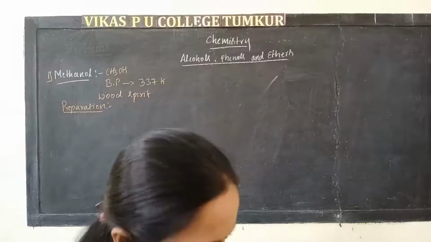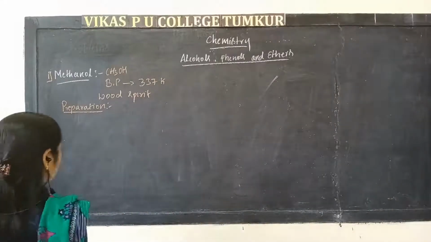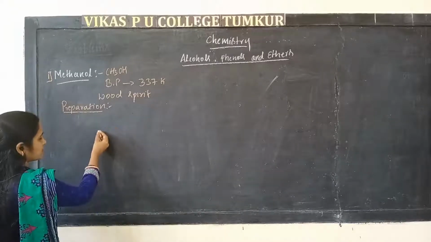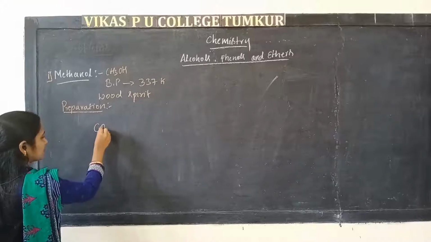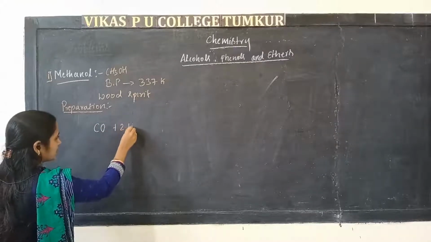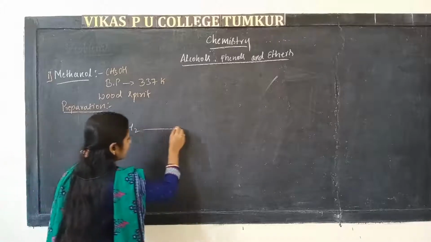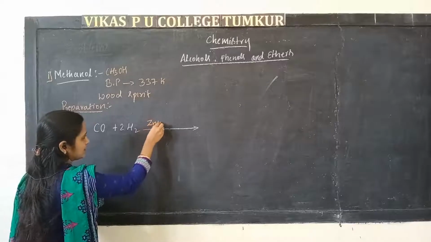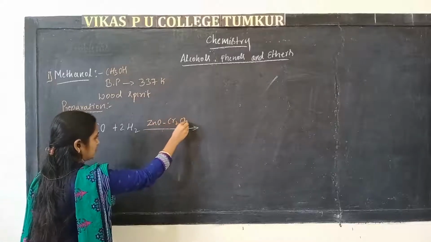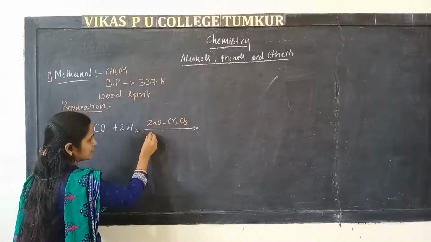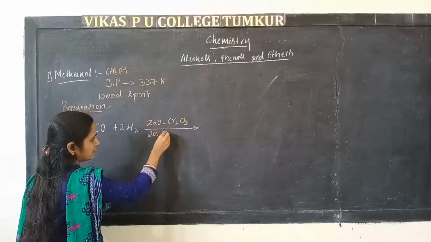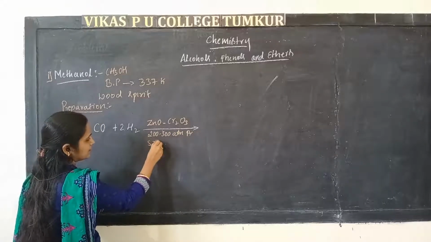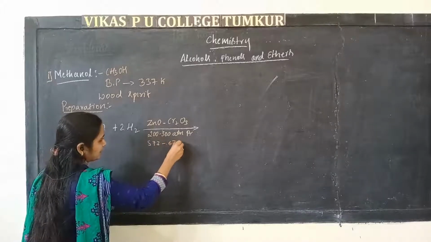Hydrogenation means addition of hydrogen to carbon monoxide. Carbon monoxide undergoes catalytic hydrogenation in the presence of the catalyst ZnO-Cr2O3, under high pressure, that is 200 to 300 atmospheric pressure, and 573 to 673 Kelvin.